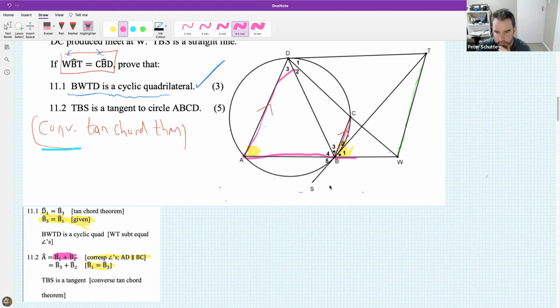Okay, now, are you happy? Okay, so that was the first bit. Are you happy that this one over here is equal to this one over here because they tell you at the very beginning? So that's this bit here, B1 equals B3. Can I get a thumbs up for that?